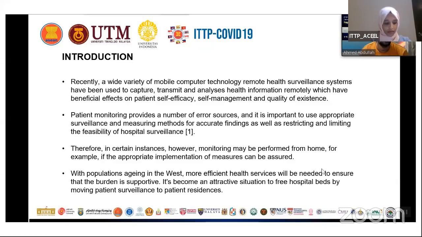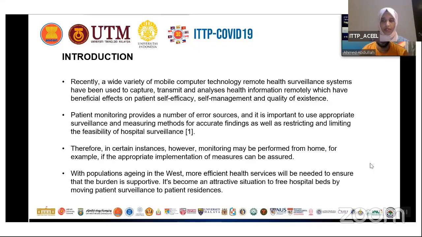For example, if the appropriate implementation of measures can be assured, with the population aging in the West, more effective health service will be needed to ensure that the burden is reduced.